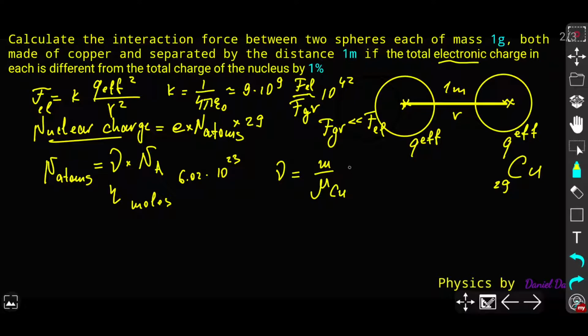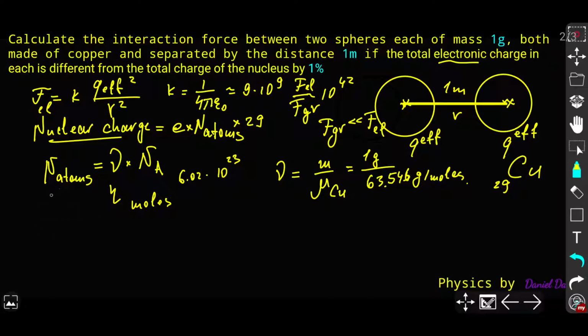So for the copper, we have 1 gram over the molar mass, which is 63.546. So we can round up, but that's what we will have, in grams per mole. So we have the molar mass, and we can calculate the quantity. Now we can figure out the number of atoms, and hence we can calculate the nuclear charge.